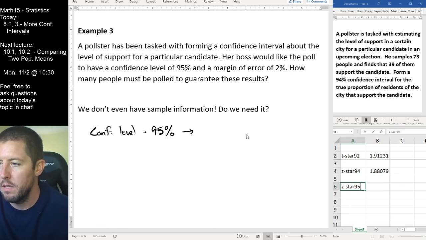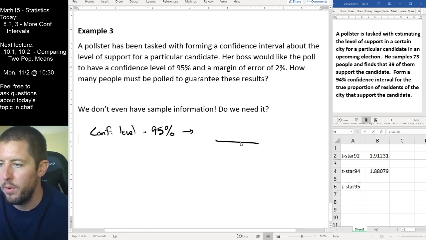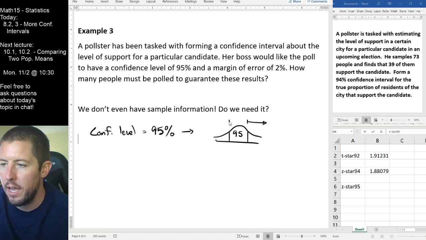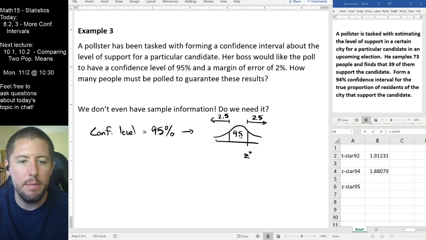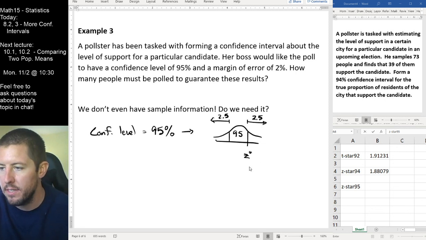What's the probability that we want to use here? If we've got our middle 95%, then 5% is shared between the two tails. If 5% is in the two tails, that's 2.5% in each. Therefore, Z star is located where 97.5% of the area is to the left.